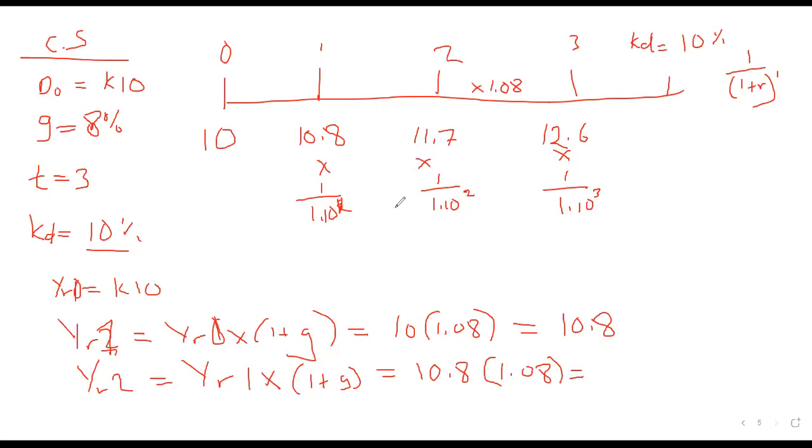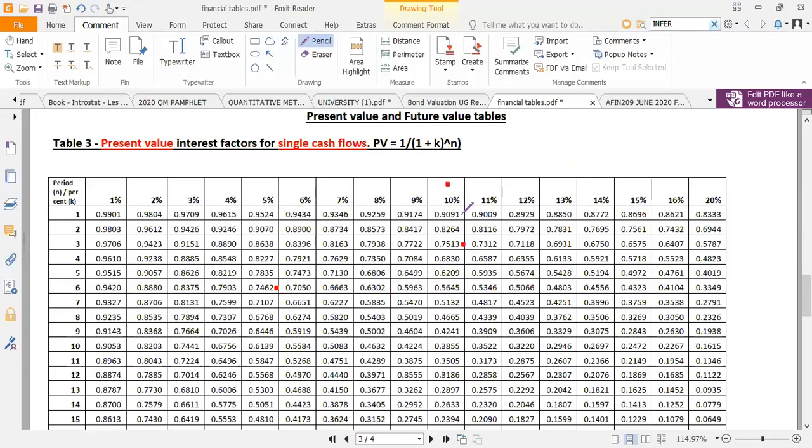So the first one will be 10.8 times 1 over 1.10. This is the present value factor in short. I'm teaching you how to apply the present value factors. You can use the tables anyway if you want. So they are 0.909, the next one 0.8264, and the third one 0.7513.